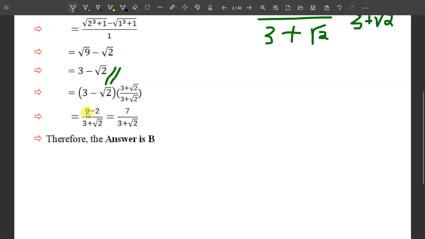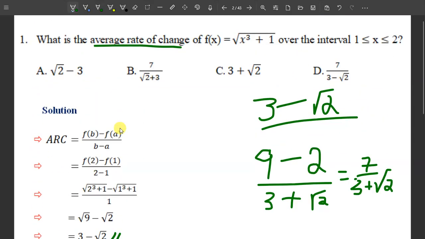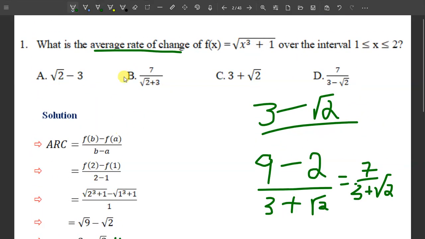And then it becomes 9 minus 2, and as I said, this number can be written as over 1, and therefore 1 times this number is also 3 plus radical 2. The result is 7 over 3 plus radical 2, which is this one.